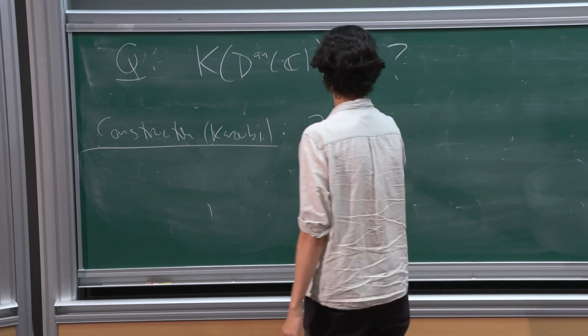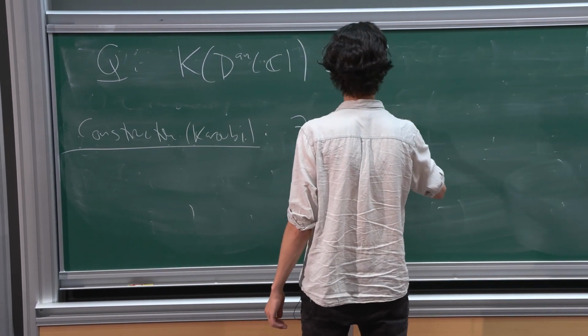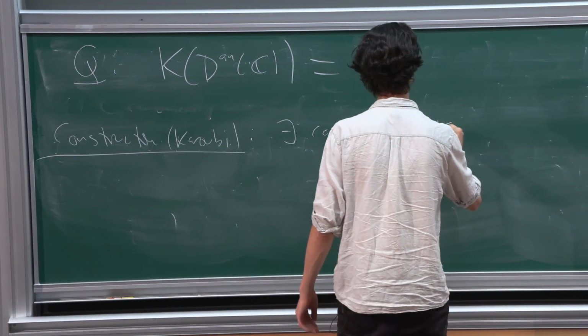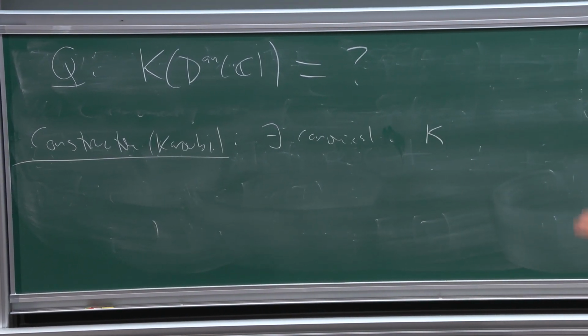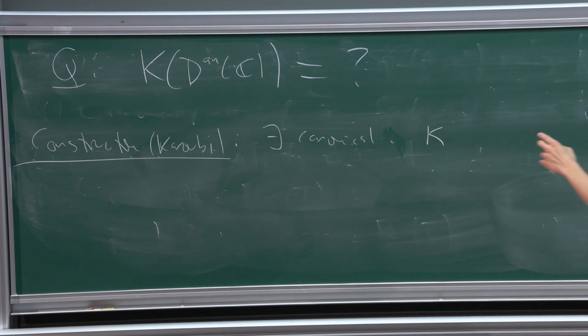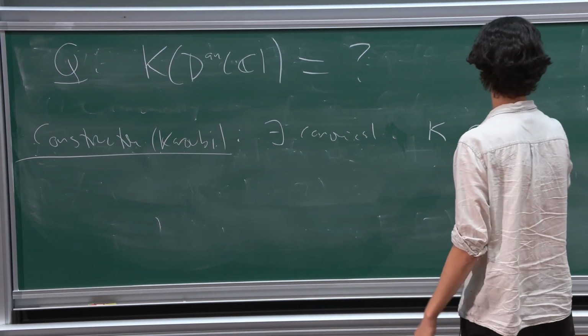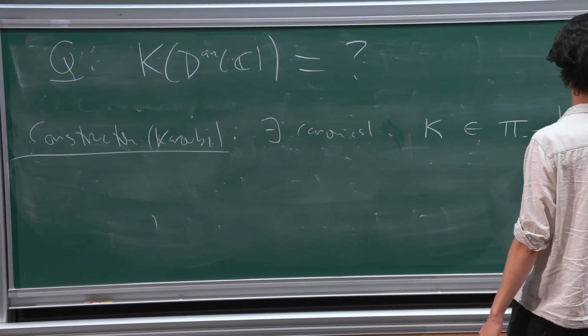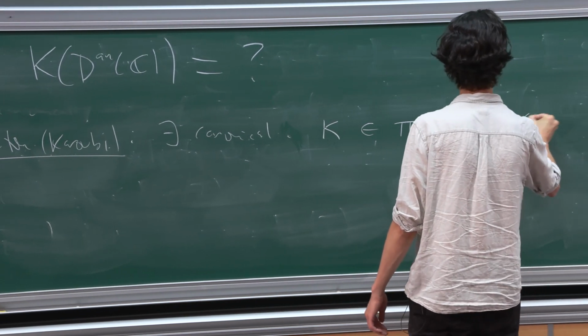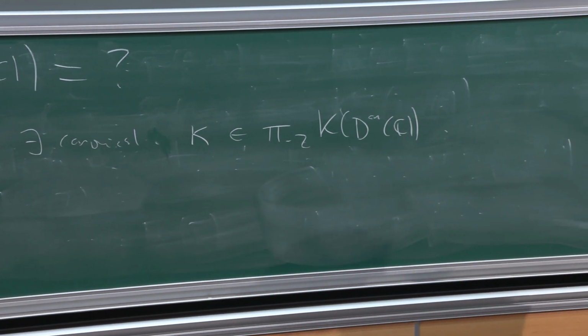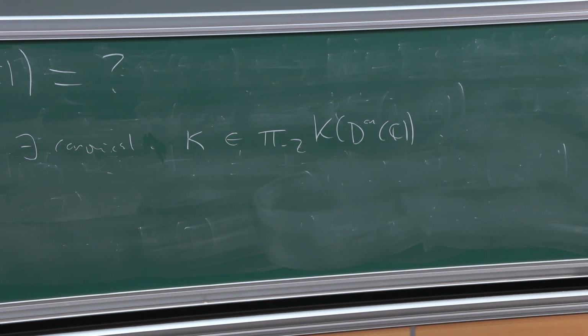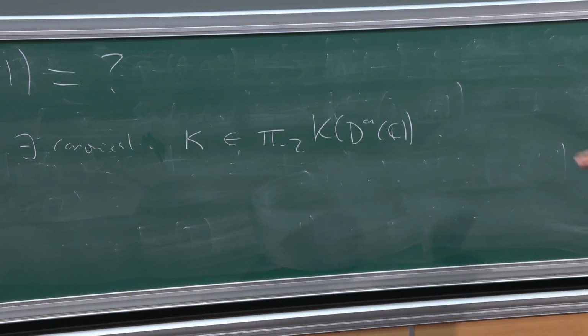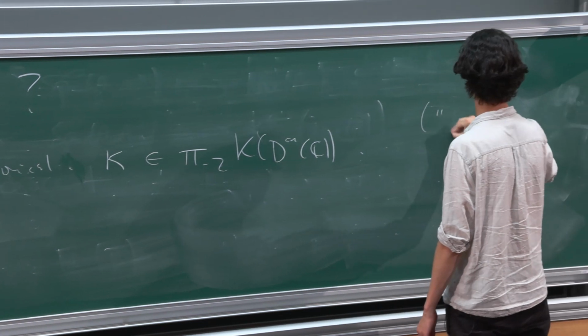So there exists a canonical class, and it's supposed to be an inverse Bott class, but the Bott class doesn't exist. So I'll call it the Karoubi class instead. I'll denote it kappa.